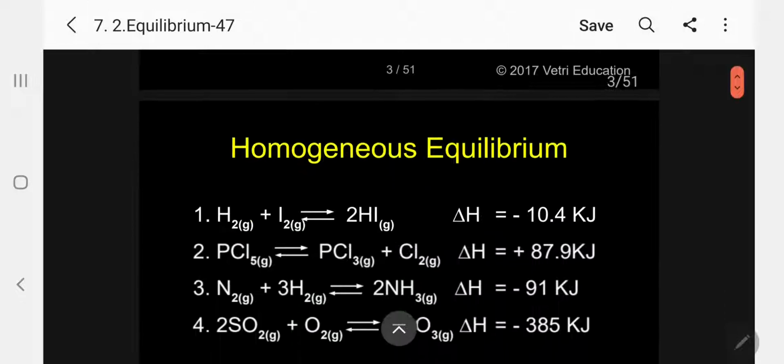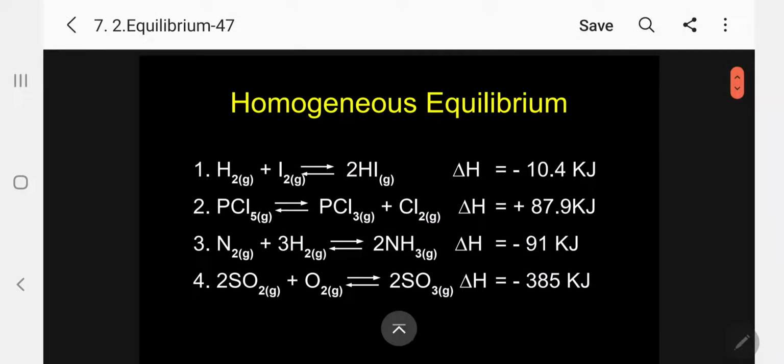Before that, let me give some simple examples of the reaction. Just see here, I have given 4 reactions, homogeneous equilibrium reactions. As per our syllabus, only the first 3 examples I am going to discuss under the Le Chatelier-Braun principle. Once you look at the equation, 3 factors you have to predict immediately.